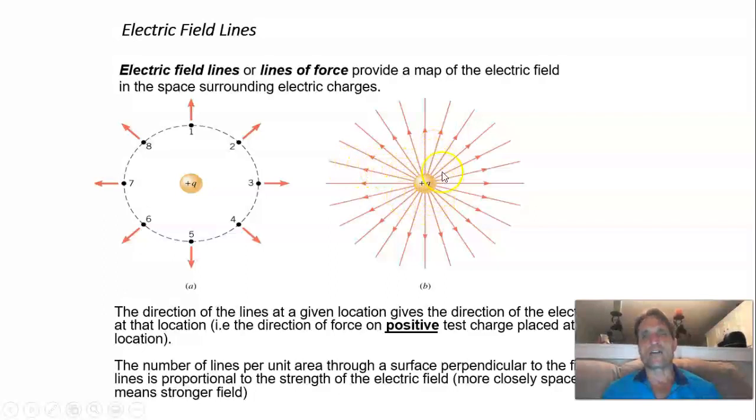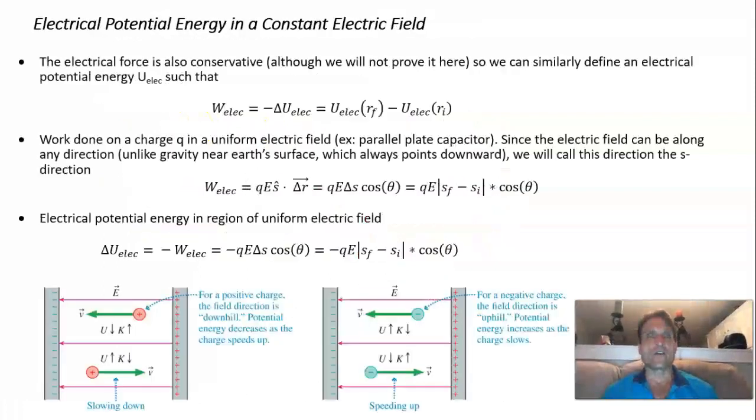So the field strength is larger closer to plus q, and so the lines are closer together, and they're further apart as we go away. And so these electric field lines are usually much easier to visualize and to work with than to draw the electric field at every point in space. And so that was the electric field.